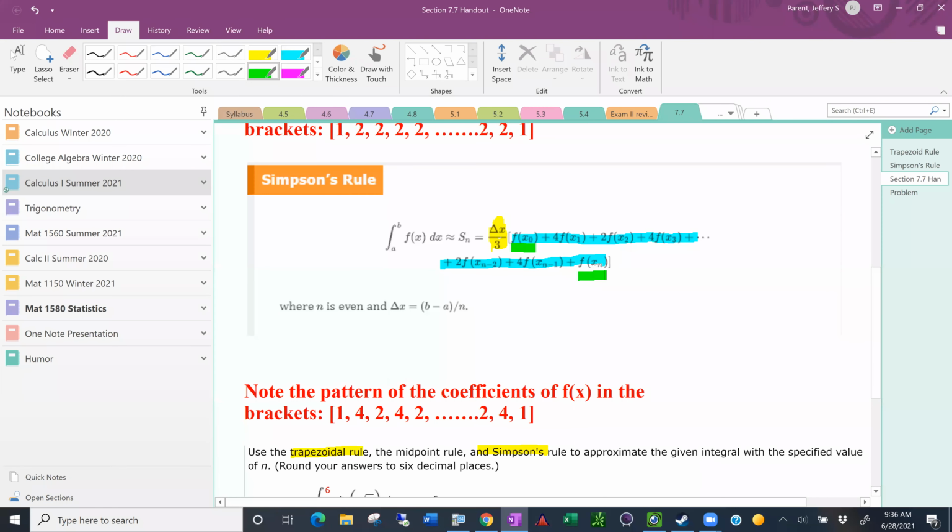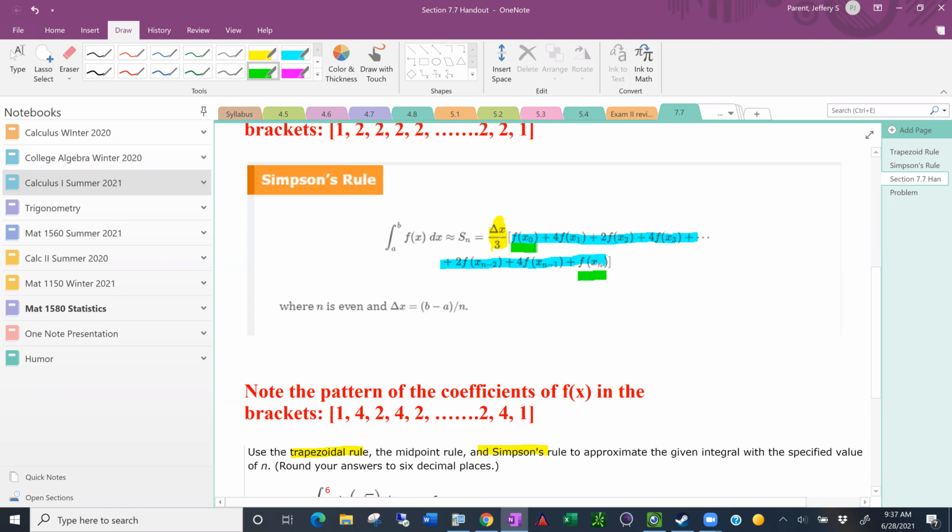But the rest of the way, you have this interesting pattern of 4 and then 2, 4 and then 2, 4 and then 2, etc. So much different than the trapezoid rule. But you get much better results with Simpson's rule. Much better than you should actually be able to expect. But that's getting into numerical analysis.